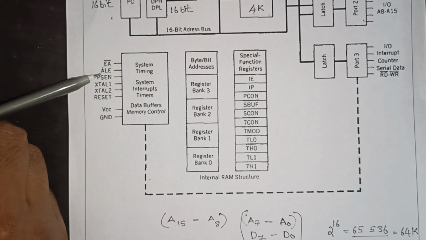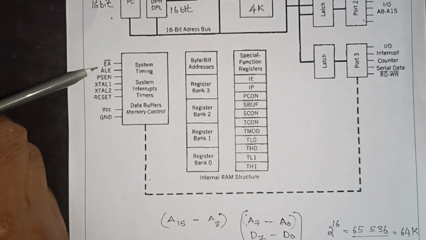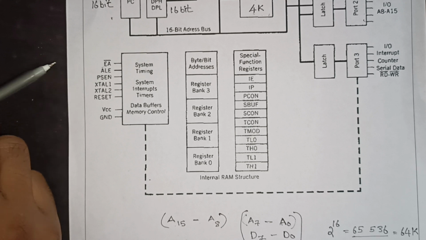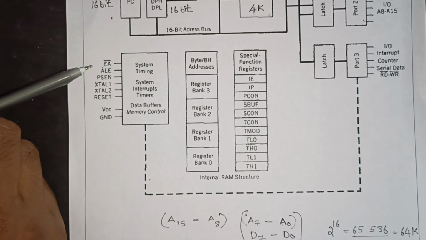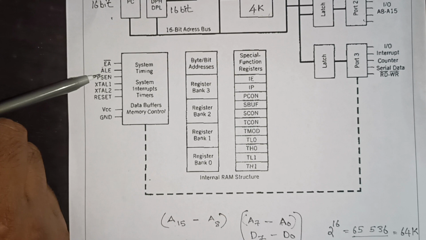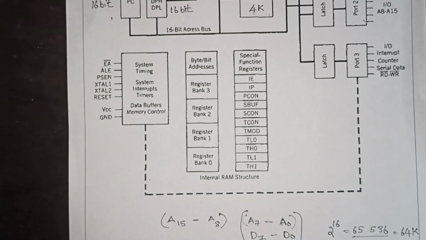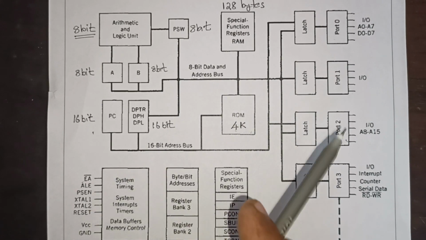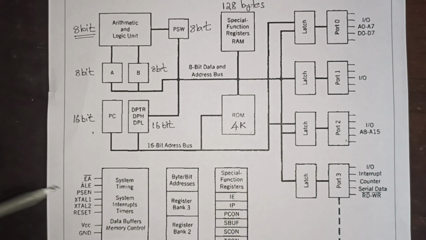ALE is address latch enable, which is active high because no bar is there. Then PSEN means program store enable. In normal conditions, these 3 pins are not used. By normal I mean if we are using the internal RAM and ROM and not going for any external memory, then these pins are not used. They are only used when we connect external memory to the 8051.